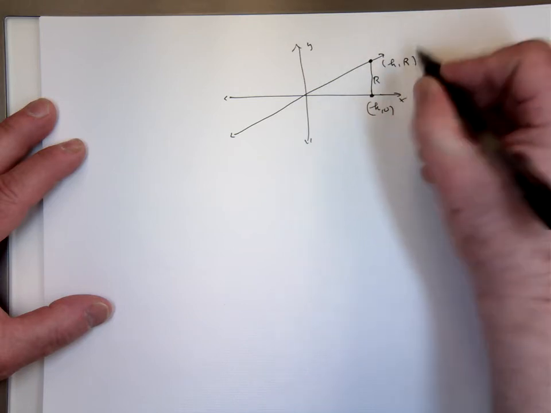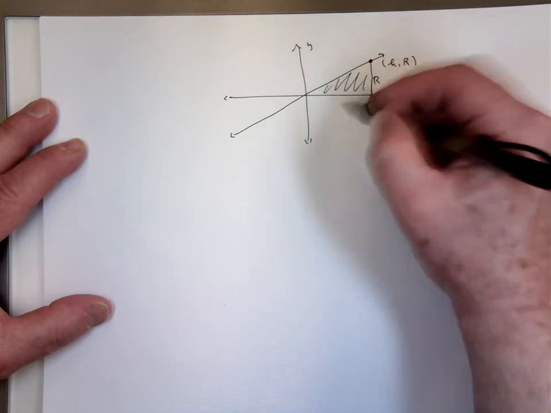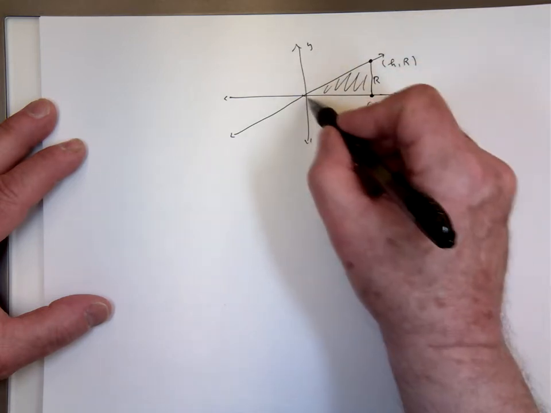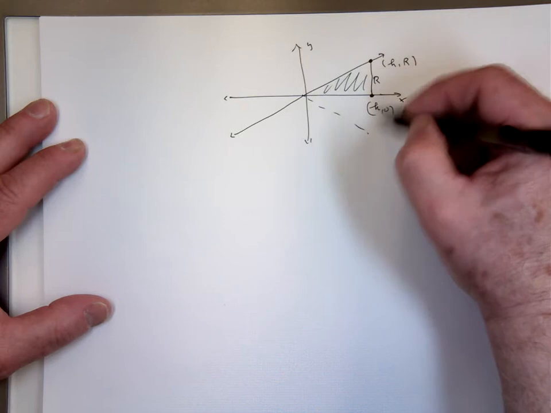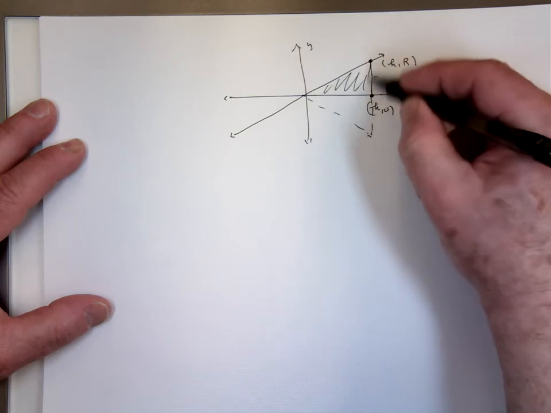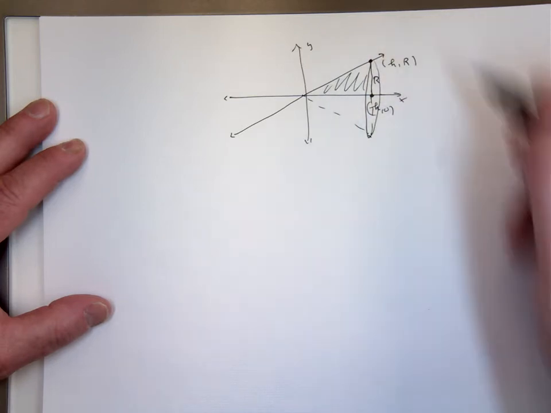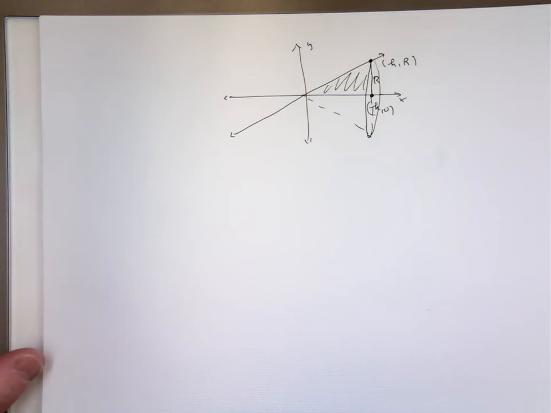I want to take this, whip it around the x-axis, generate that right circular cone, and derive the volume of that right circular cone.